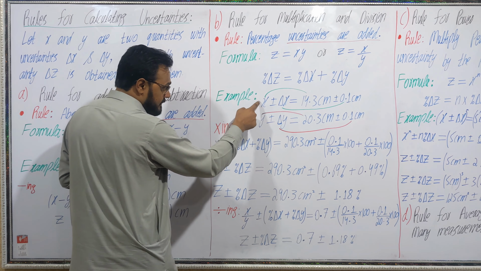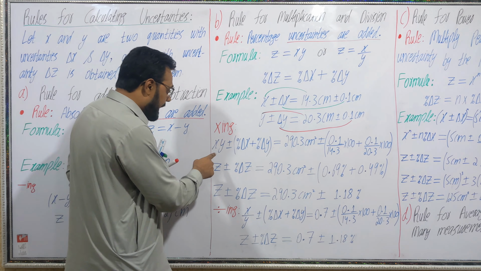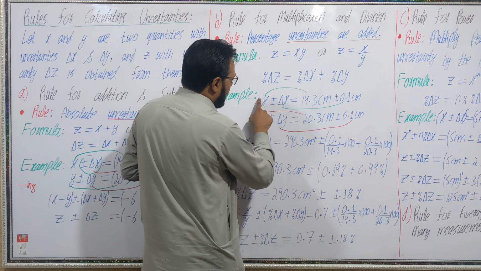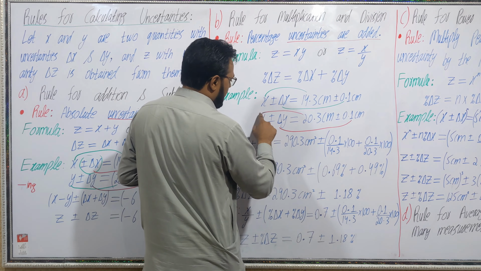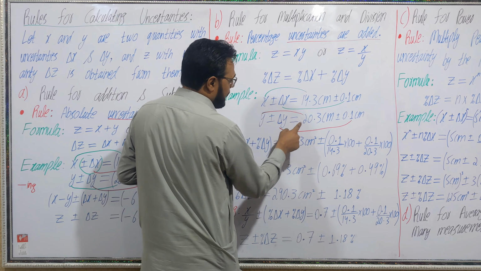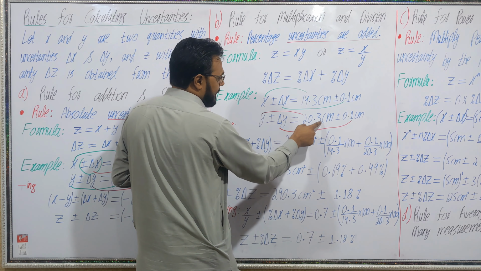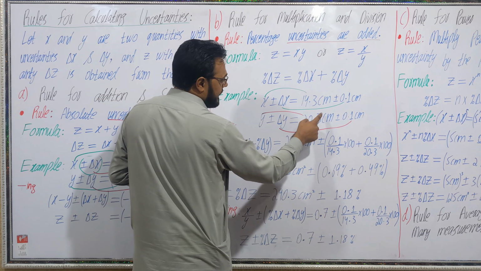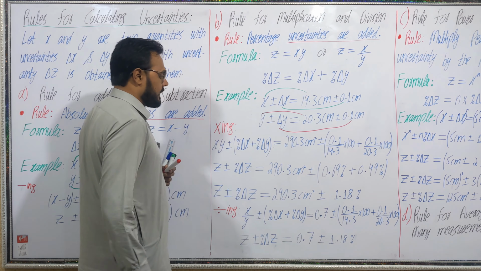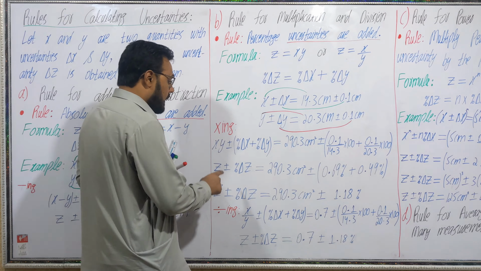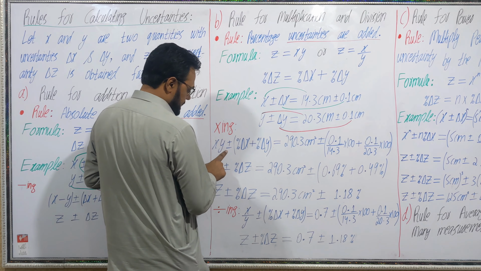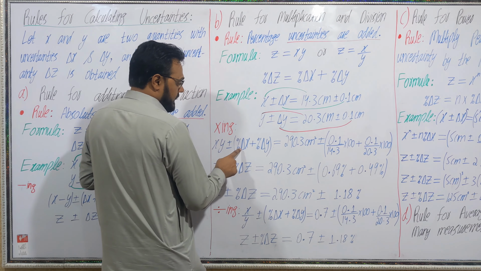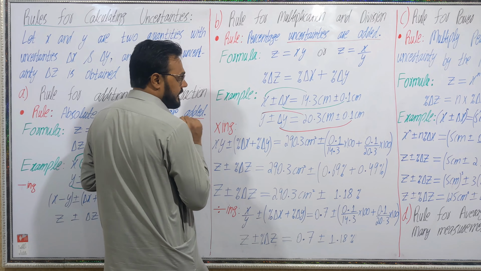X multiplied by y, x is 14.3, y is 20.3, 14.3 multiplied by 20.3, you will get 290.3 centimeter square. Plus minus percentage uncertainty in x.